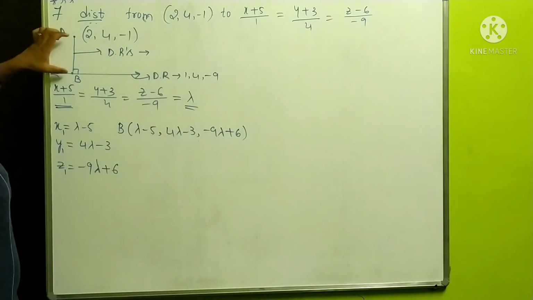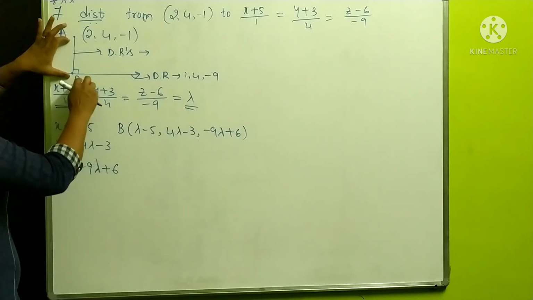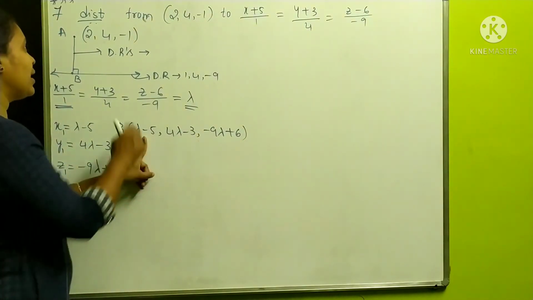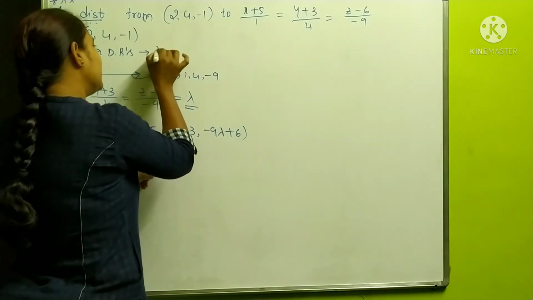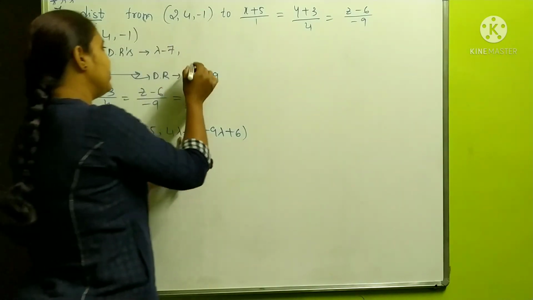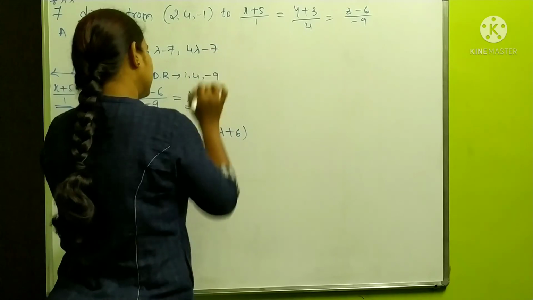To get the direction ratios of AB, what should you do? x2 minus x1, y2 minus y1, z2 minus z1. That you have to do. So lambda minus 5 minus 2 will become lambda minus 7. 4 lambda minus 3 minus 4 will become 4 lambda minus 7.